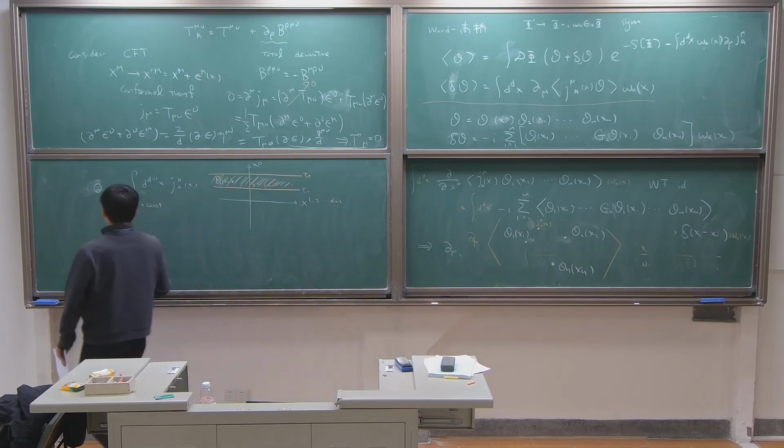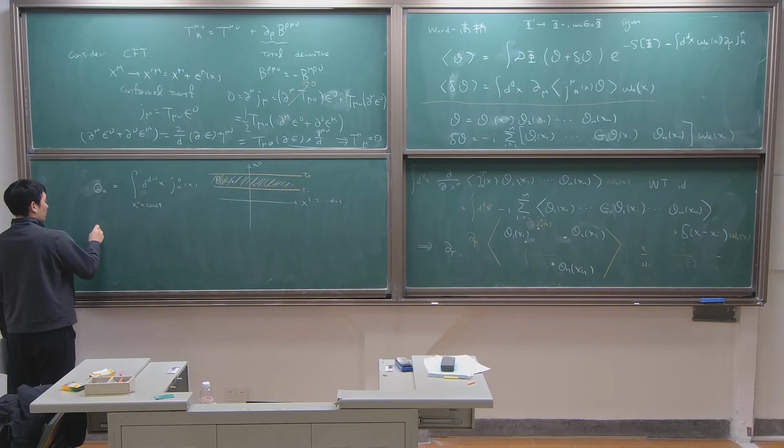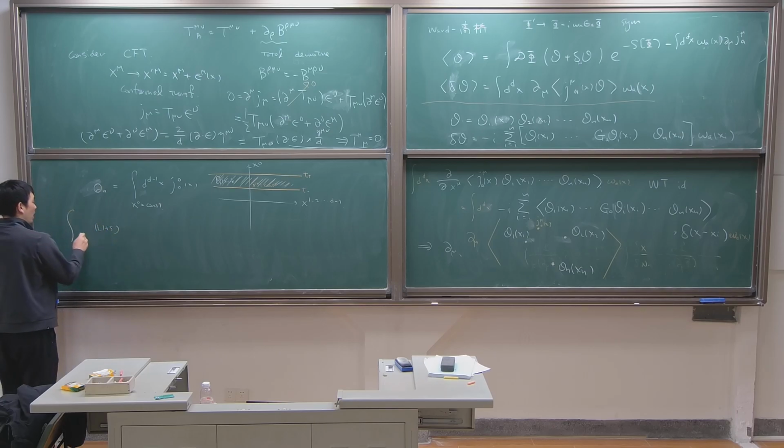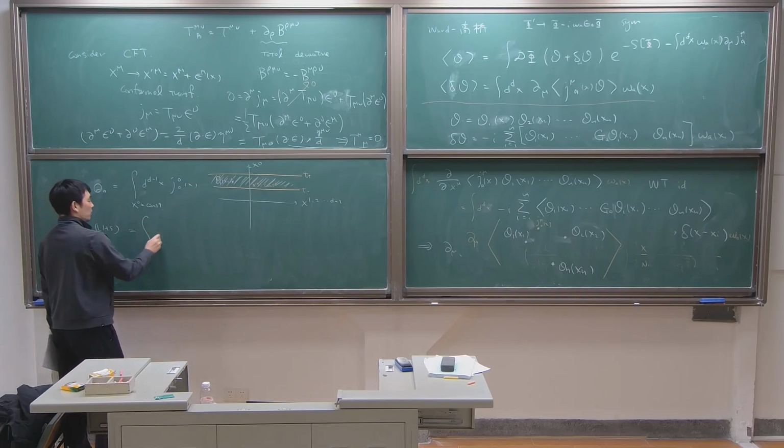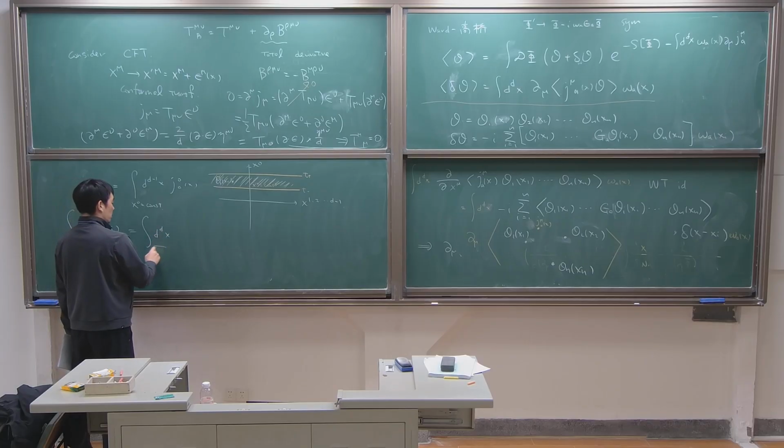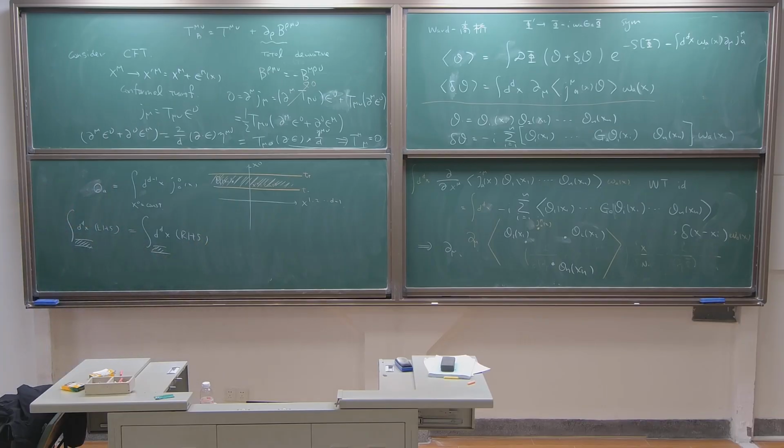What I did is, the left hand side of the Ward-Takahashi identity, integrated over dx in this region, is equal to the integral over dx in this region of the right hand side of the Ward-Takahashi identity.